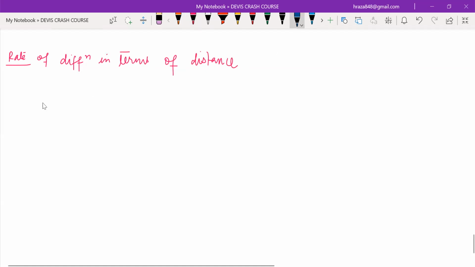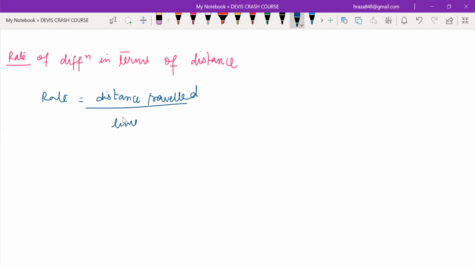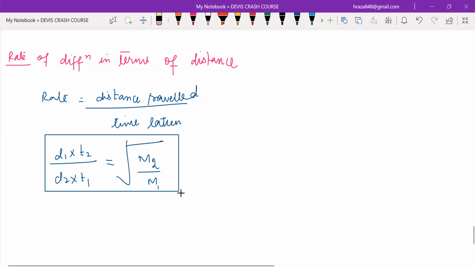Rate will be equal to distance traveled upon time taken, because distance will be traveled by the gas in order to diffuse or effuse. So we can directly write d1 into t2 upon d2 into t1, equal to under root m2 by m1. So it's all easy, right?